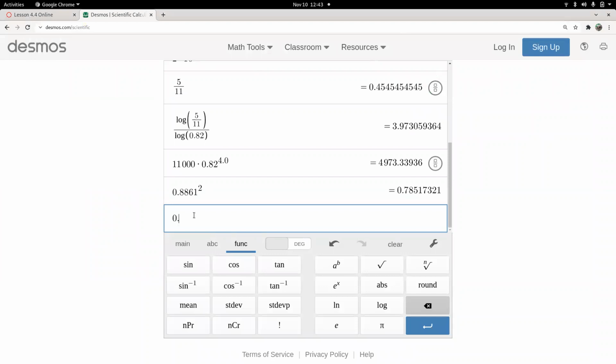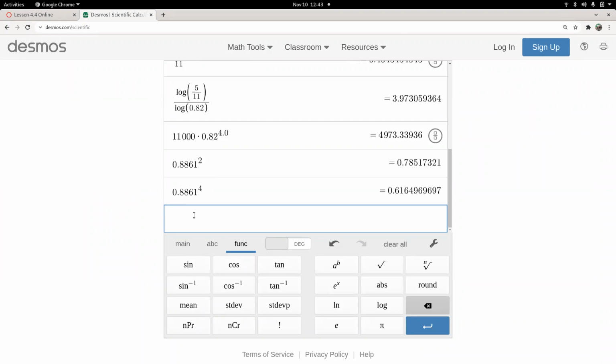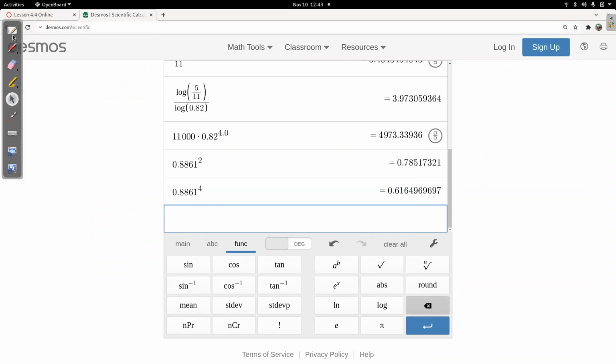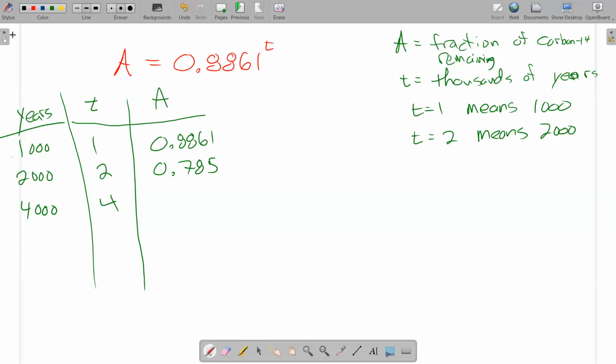So 0.8861 raised to the power 4 to 3 decimal places, 616 thousandths, 0.616. So if we found a 4,000-year-old cat mummy, we would expect it to have 61.6% of its carbon as carbon-14 and the rest is carbon-12.